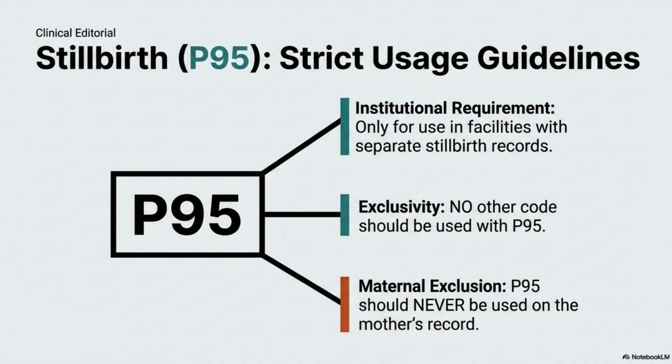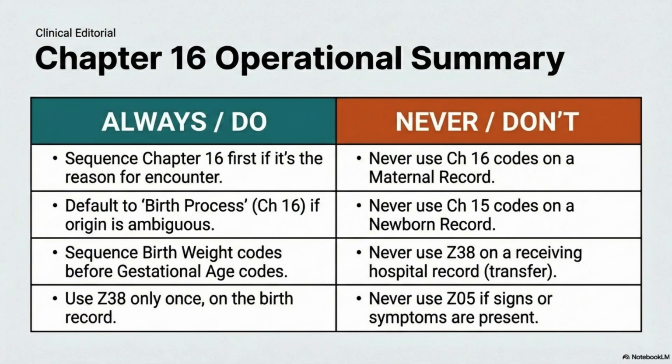P95 stands completely on its own. And one more important reminder, P95 is never used on the mother's record. It applies only to the stillbirth record itself. So the takeaway here is simple, P95 is a standalone code, used only when the facility's documentation system supports a dedicated stillbirth record.